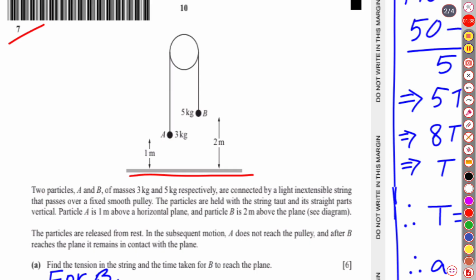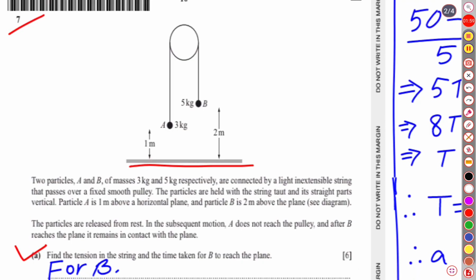Part (a) says: find the tension in the string and the time taken for B to reach the plane. Well, you can notice that I have already solved it. Now I am going to explain the points which should be clarified.